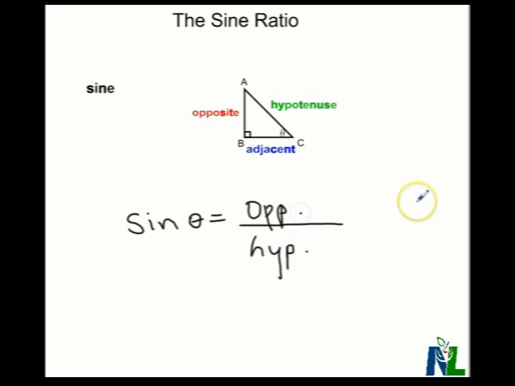And I've just abbreviated that there. So sine is the opposite side over the hypotenuse. For sine, we don't need the adjacent side at this point.